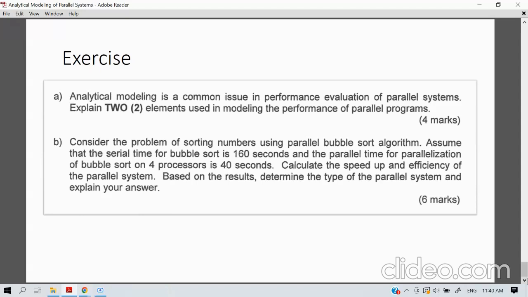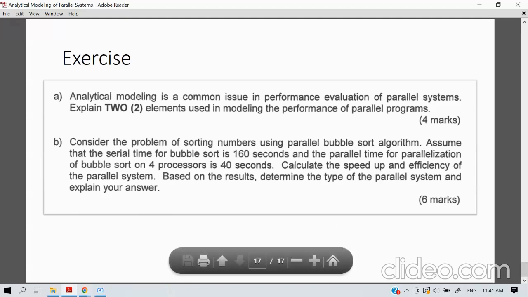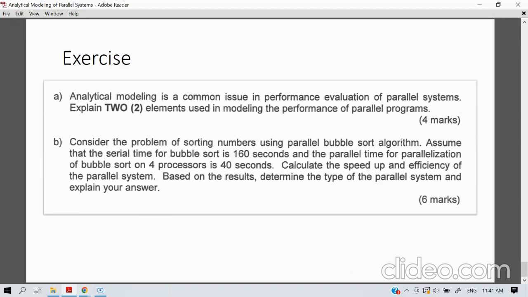So you need to think what kind of parallel system these problems use. So how do we know? You look at the value of the speed up.